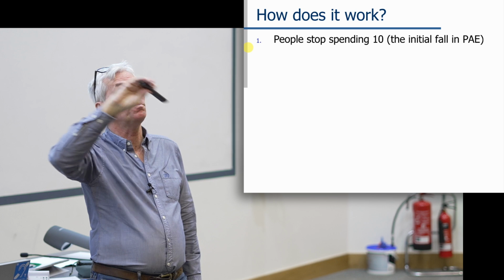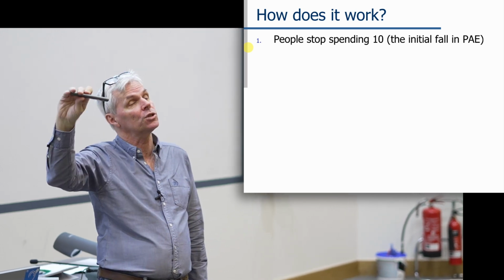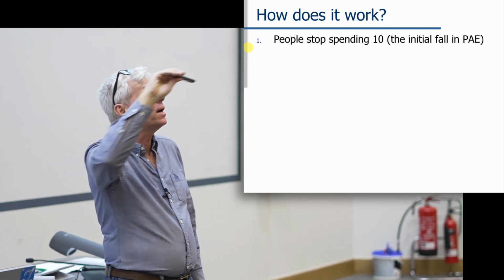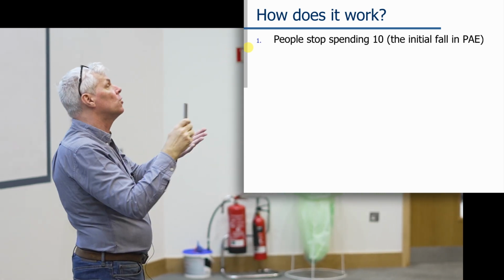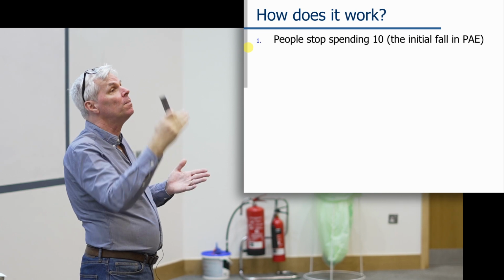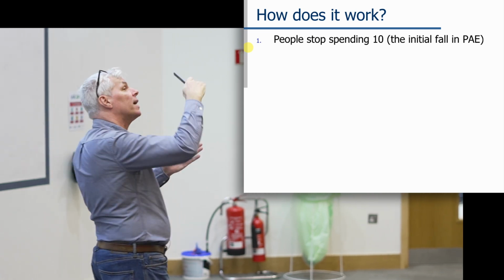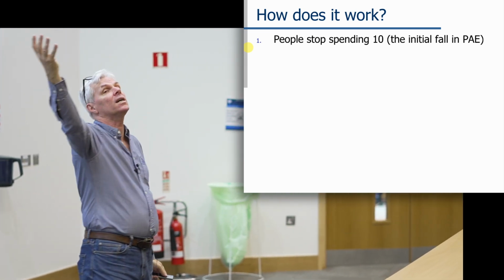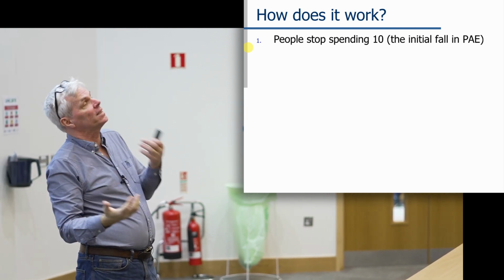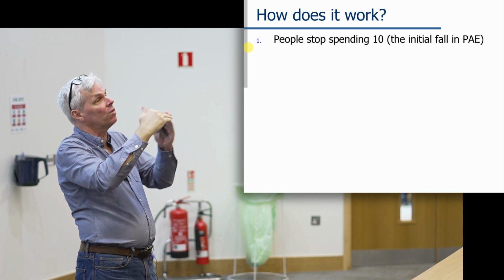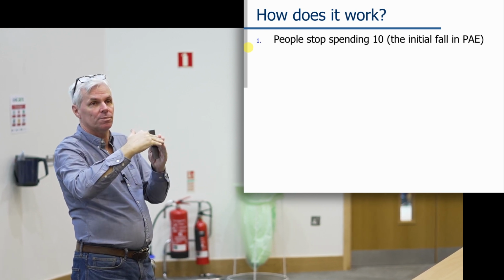The slope, the marginal propensity to consume, stays the same, but the total amount you spend goes down. At each income level, it goes down by 10. If you have no income, you're not spending very much, but that goes down by 10. If you're getting huge income, you're spending loads, but you're spending 10 less now because you're a little pessimistic about the future. At every level of income, your expenditure falls by 10.